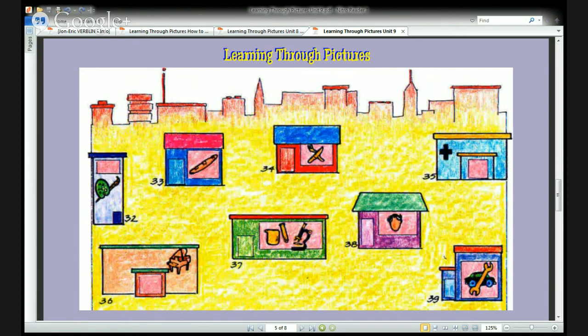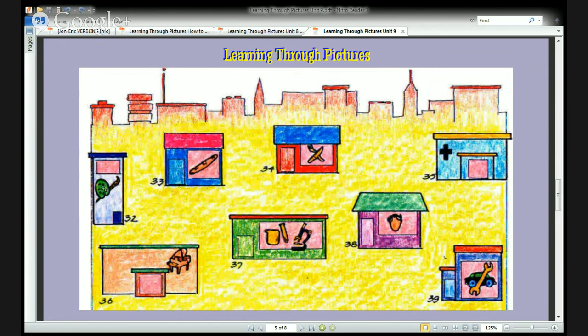And that's it. So before we go, just a quick review. We have studio, 32, 33 bakery, 34 restaurant, 35 hospital, right? 36 was concert hall, 37 was laboratory, 38 barbershop or hairdressers or hair salon, and 39 garage in American English or garage in British English.